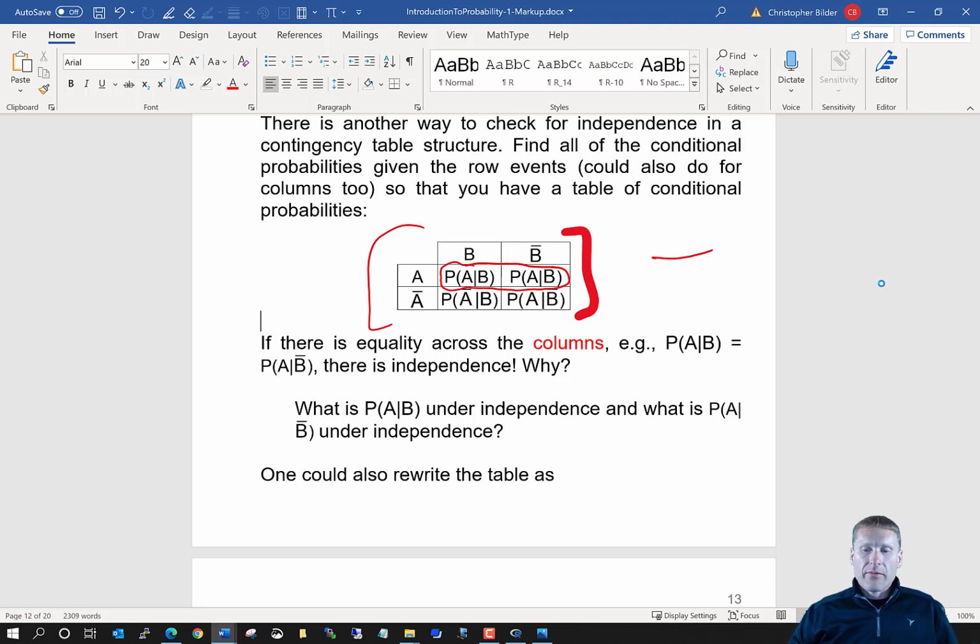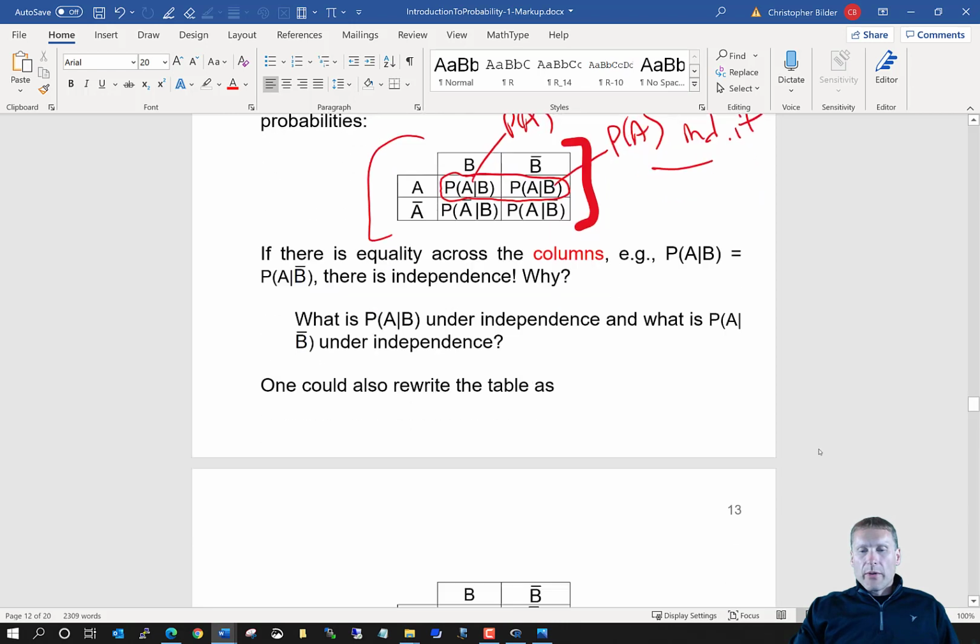Well, why? Remember, if we have independence, the probability of A given B is equal to the probability of A, and the probability of A given B complement would also be equal to the probability of A. And so that's why that occurs.